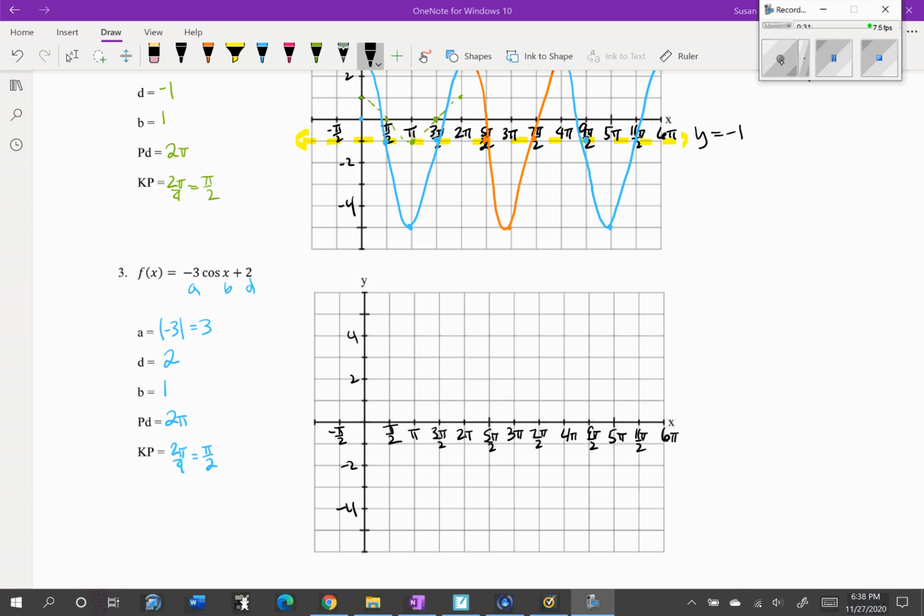And if I graph my parent graph for cosine, it starts at 1, 0, -1, 0, 1. Again, if you need to draw the circle, so 1, 0, -1, 0, 1. So then for my new graph, my midline is changing to 2, y equals 2 right here.